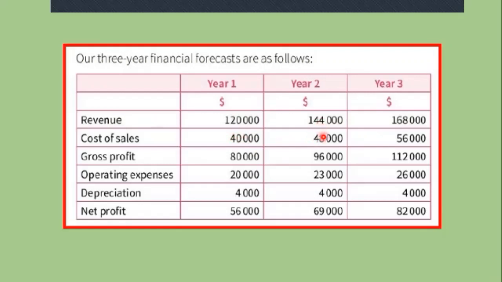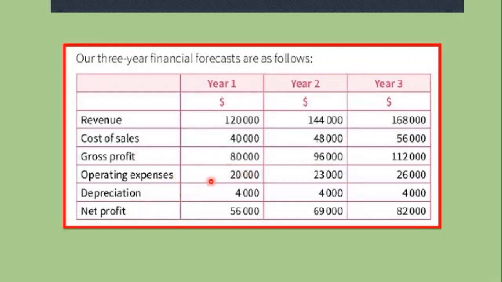So you notice they are marking up the goods by about 300%, right? 40 by 3 gives you 120, 48 by 3, 144, 56 by 3, 168. Okay, so you study this and you see how they're doing it.